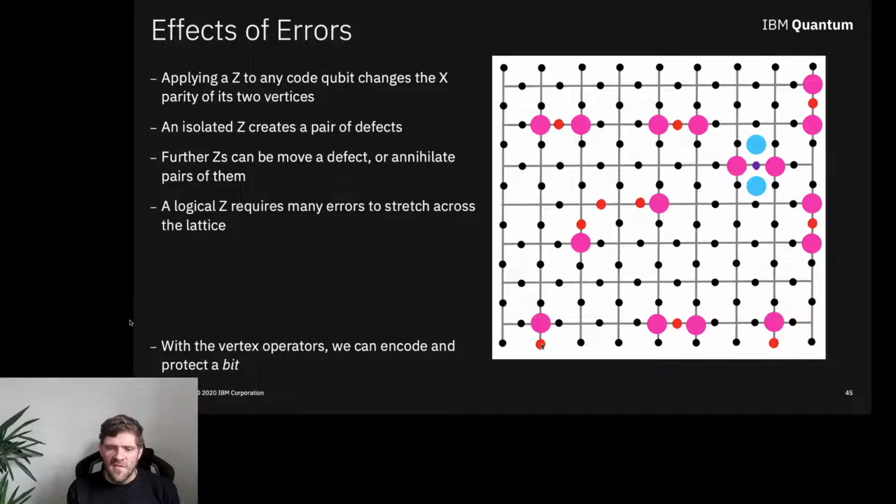We can also have these effects where if you do a flip on the top or the bottom, you only get one hint because the other one is effectively changing the value of the logical operator. And also as a little hint to when we get to the full quantum case, if we do a Y, that also does a phase flip, which flips the value of the two vertices either side. And of course, as we'll see, it flips those of the plaquettes as well.